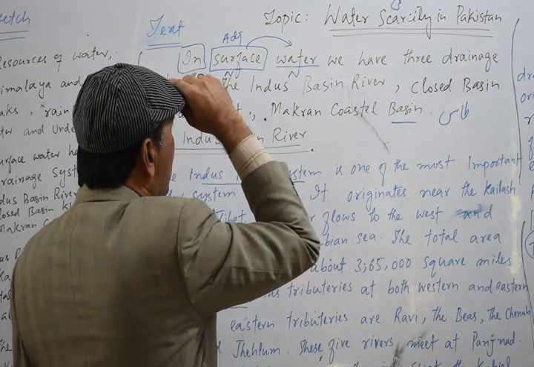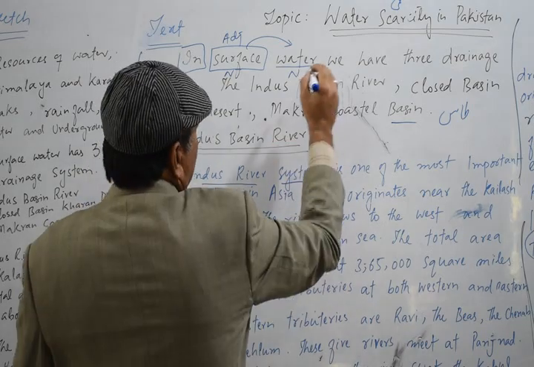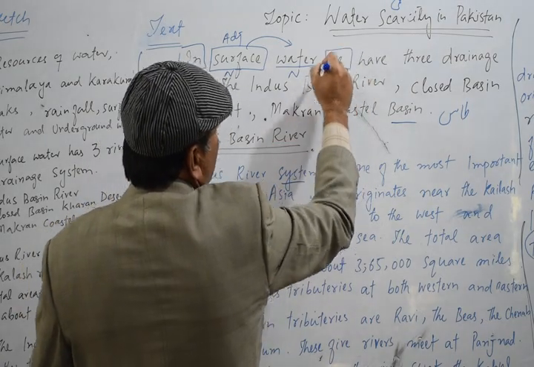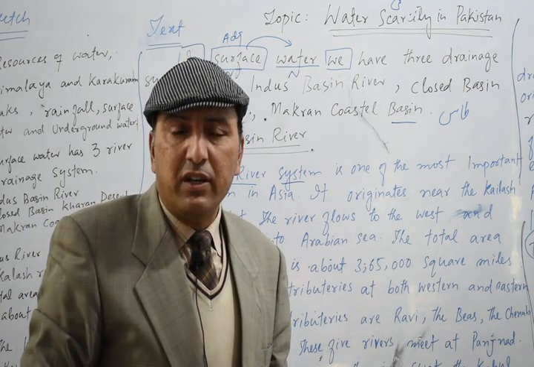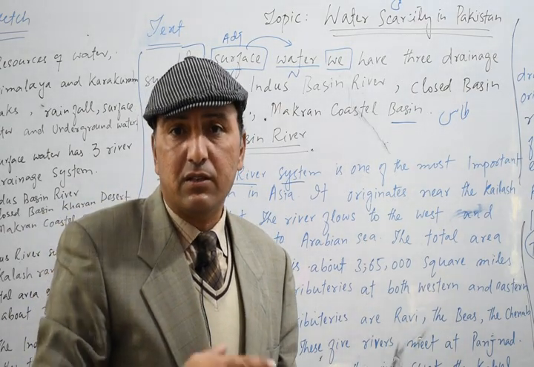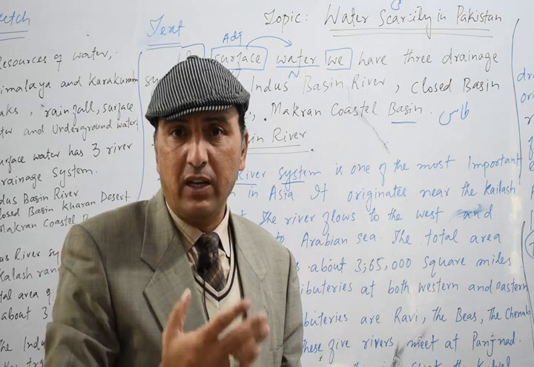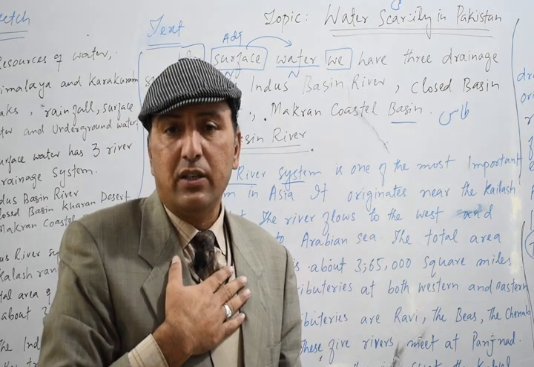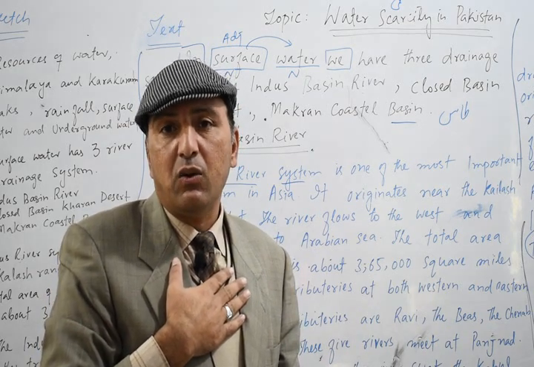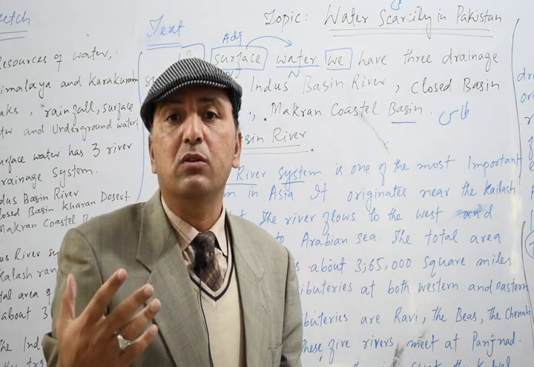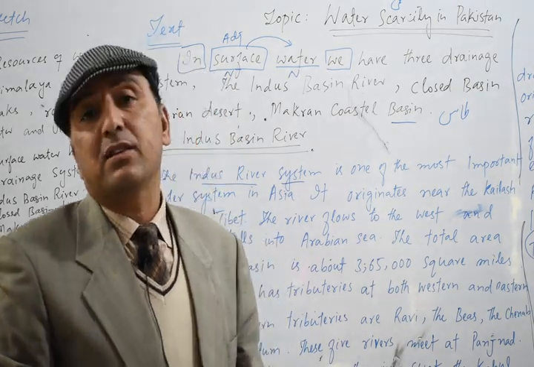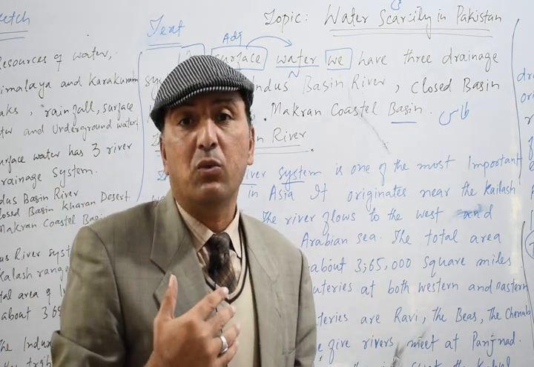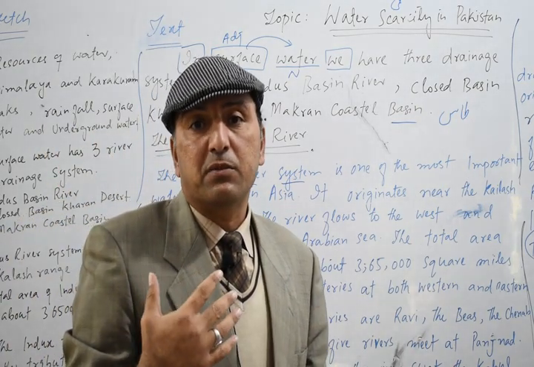Then the next we have "we." As you know, we is a personal pronoun. It is a first person, plural personal pronoun. A pronoun is any word which is used in place of a noun.